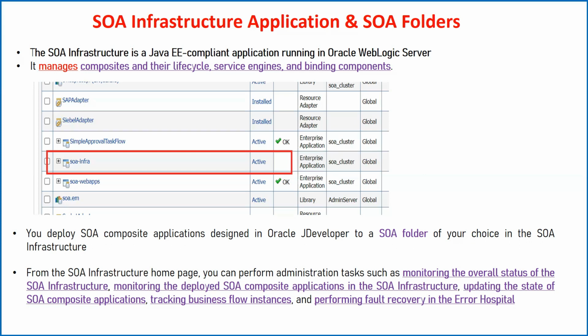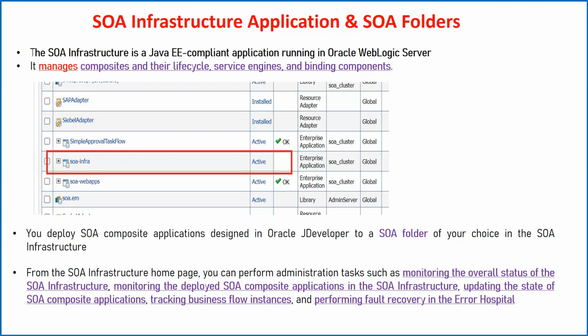So you deploy a SOA composite application designed in Oracle JDeveloper to a SOA folder of your choice in SOA infrastructure. So apart from that, once you go for the deployment of SOA composite, you have to select a folder. Okay, so I will tell you the reason for selecting or creating the folders when we go for the deployment of composite in the next screen.